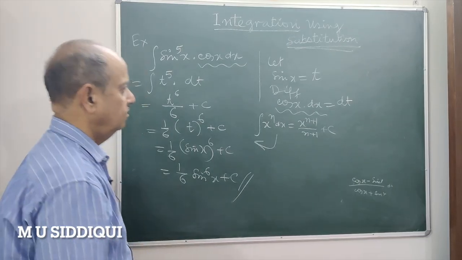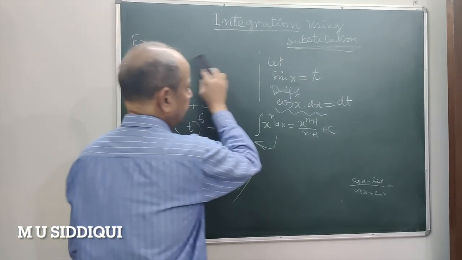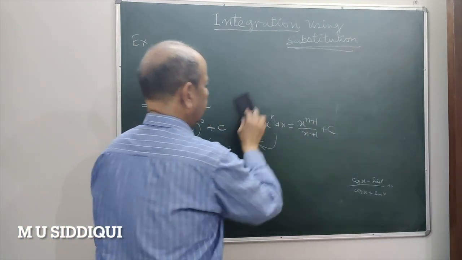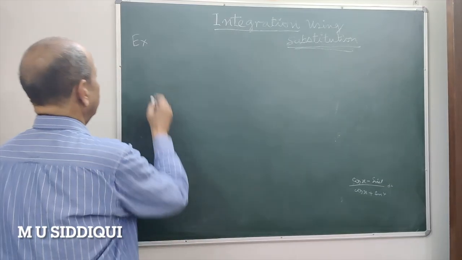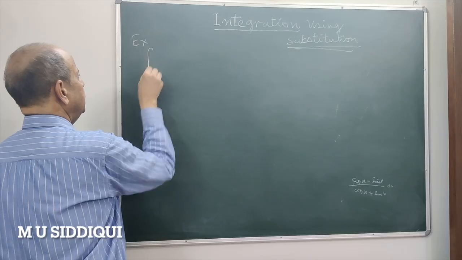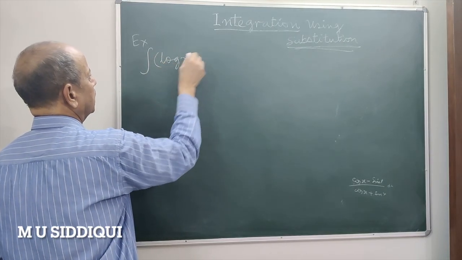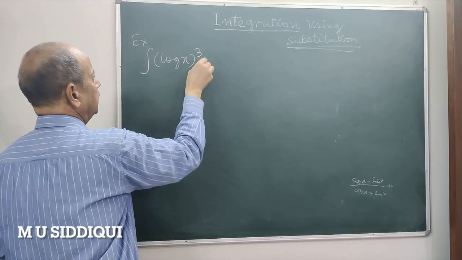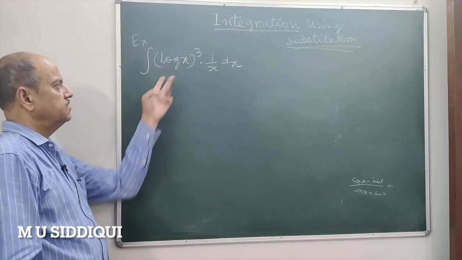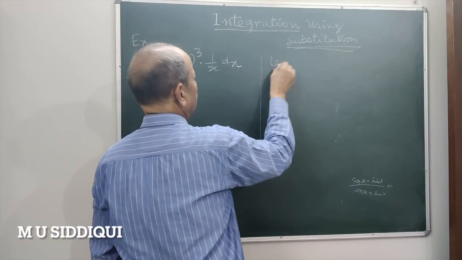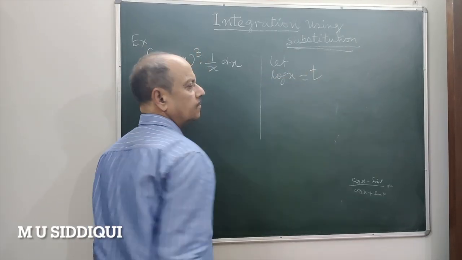More questions, more examples will help you understand how we apply this technique of substitution and simplify the question of integration. If you have, say, the integral of log x raised to power 3 times 1 upon x dx, you can say suppose or let log x be t.